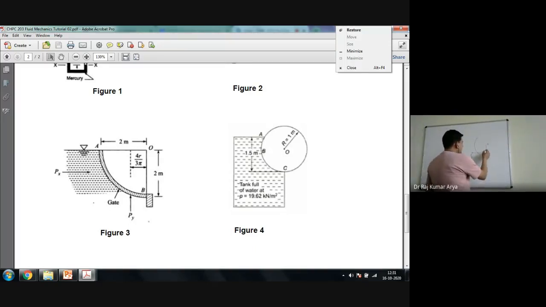Just changing by y, you change by some differential amount. Let's say this is your x, or you can say dx.